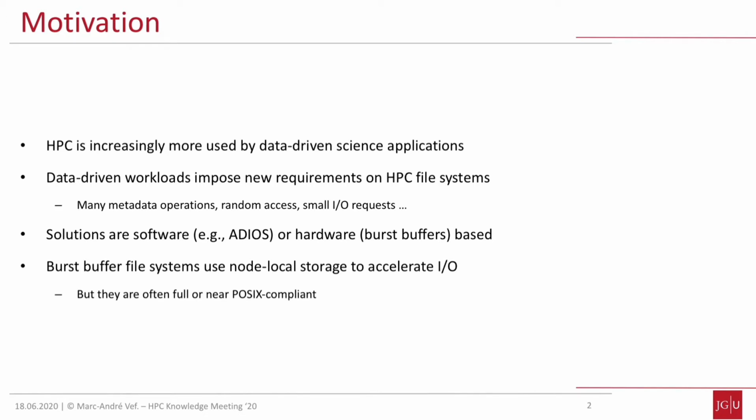But with these newer applications, they also have now to deal with many metadata operations, random access, or small I/O requests. There have already been a couple of solutions that try to deal with that, so that these new access patterns are somewhat aligned to the capabilities of the underlying file system.